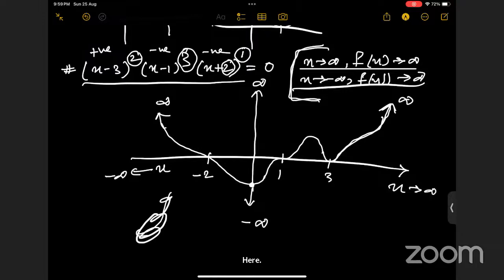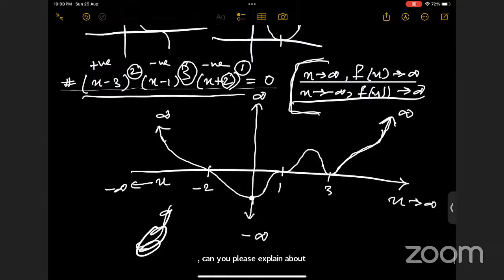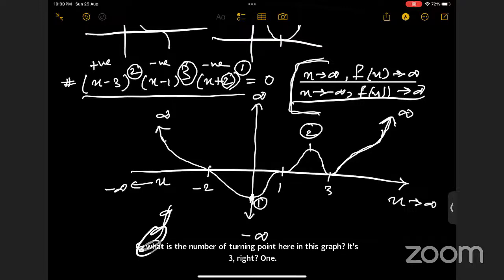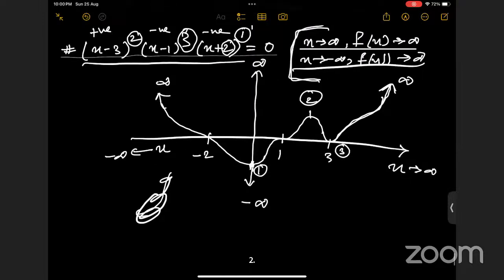Fine? Yes, ma'am. Ma'am, can you please explain turning points? Yeah. So we can check the number of turning points. What is the number of turning points in this graph? It's 3, right? 1, 2, 3. Turning point means that before the point the graph is one way, and after the point the graph changes its nature.